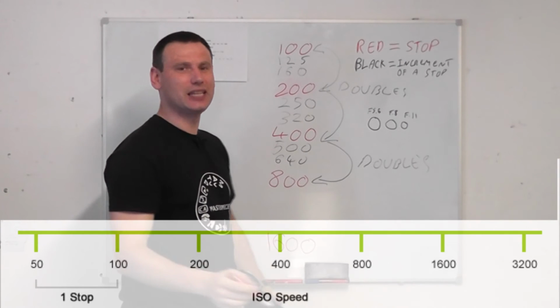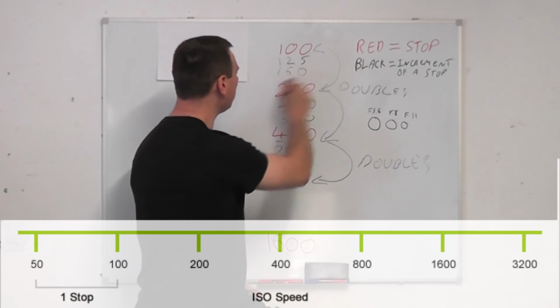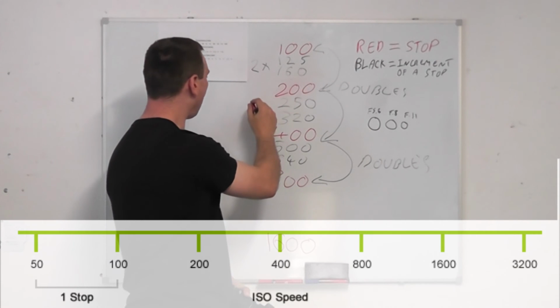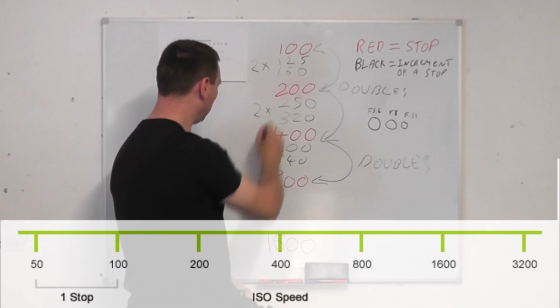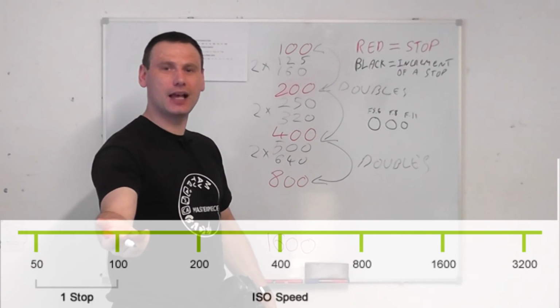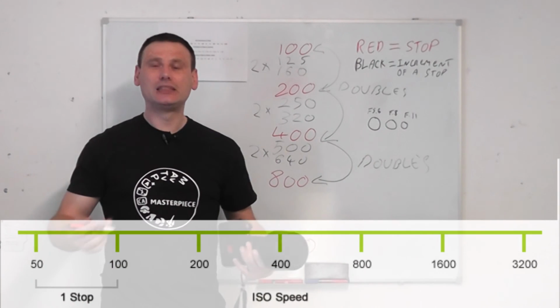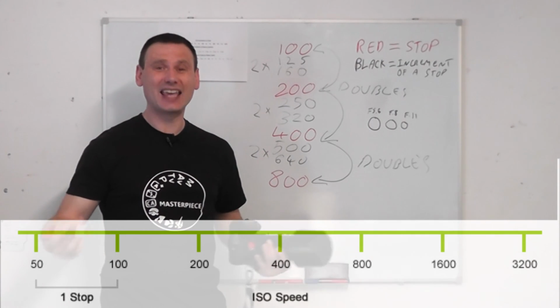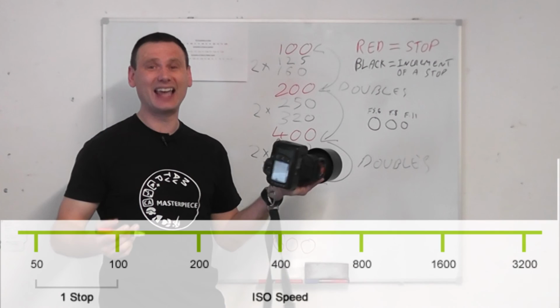So as you can see, this is a stop increment all the way down the ISO range. So you see what I mean, guys? So there you go. That is basically increments of a stop within the ISO range on modern day DSLR cameras.